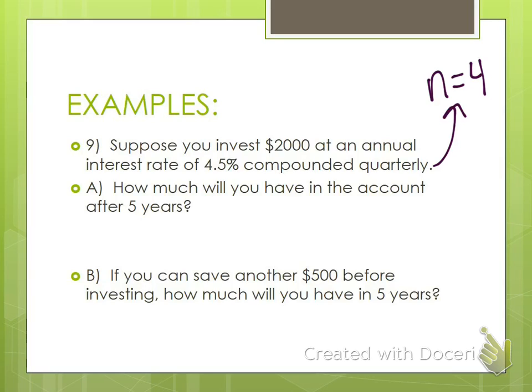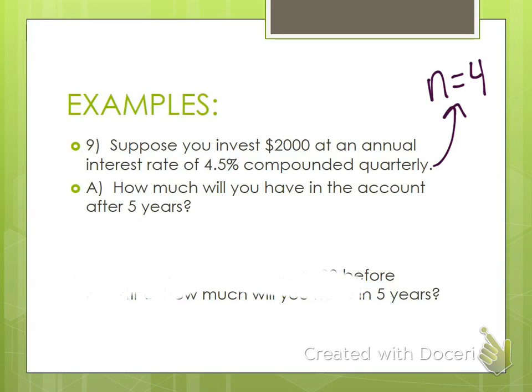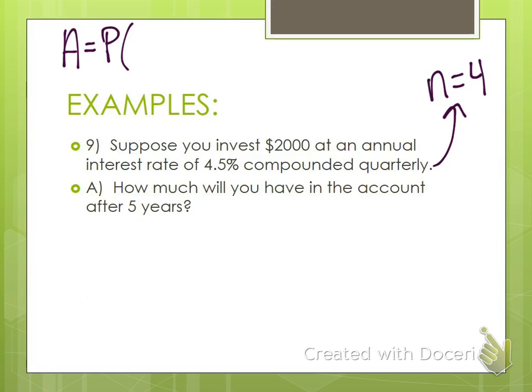Okay, so we'll just worry about A first. I'm just going to delete B for a minute so we can focus on A. All right, so up at the top, A equals P times 1 plus R over N raised to the NT power. I just like to have that handy so I can see it and plug things in as I go.